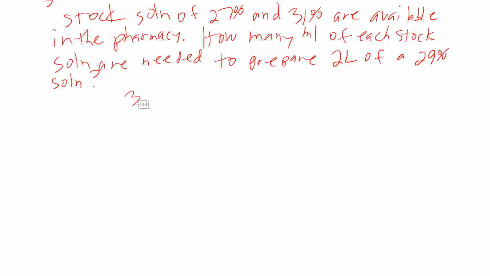So we say 31% is the top part, 27% is the bottom part, and the final concentration is 29%.